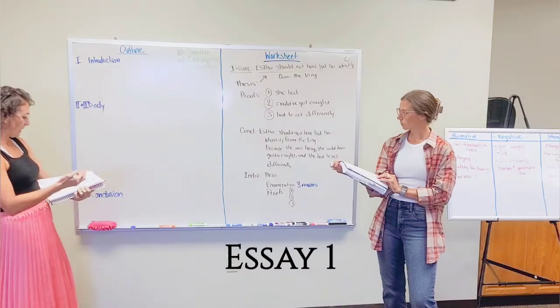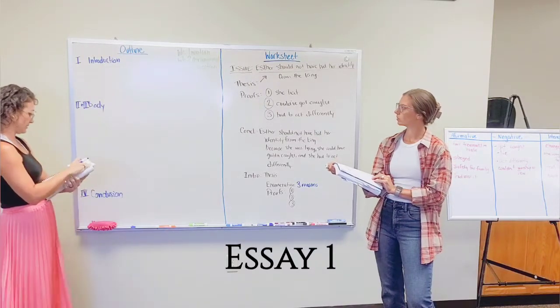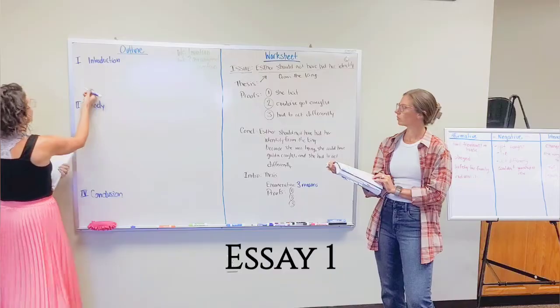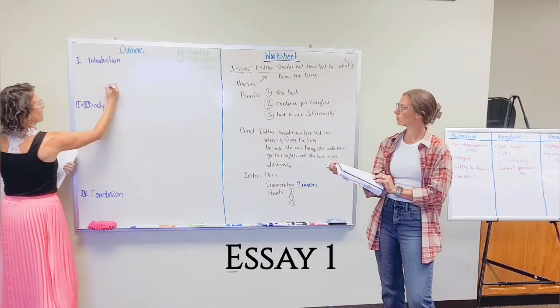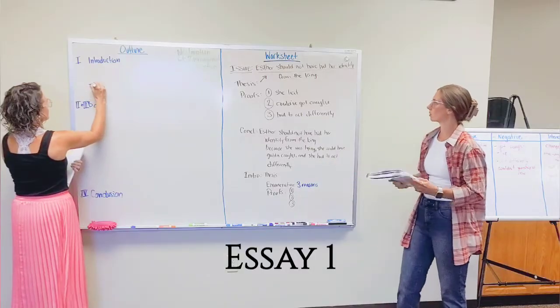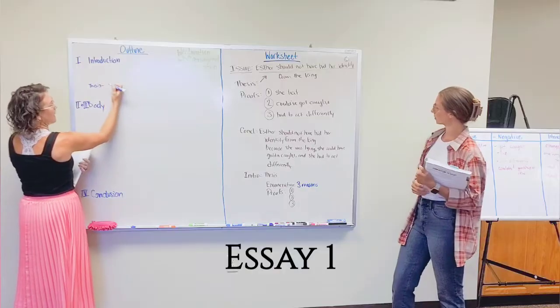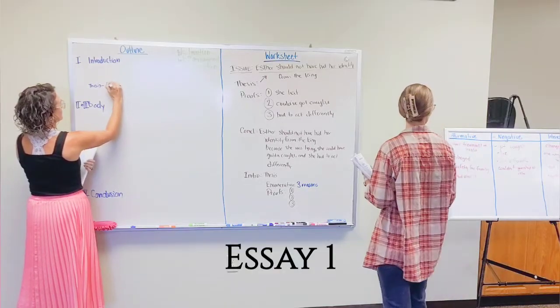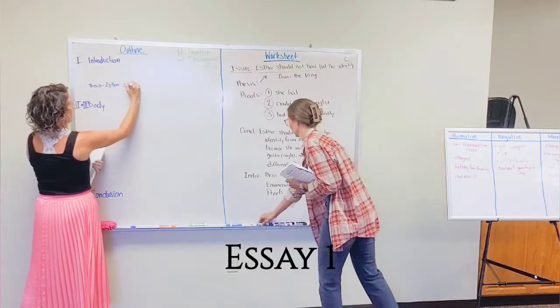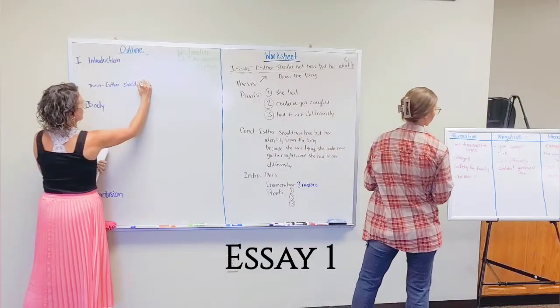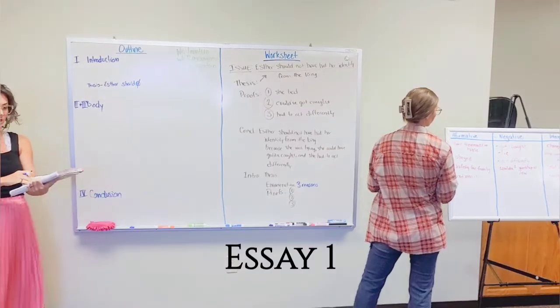Yeah. Okay, so we've got our thesis. I've got to write small to fit this in, which is Esther should not, and I'm just going to do shorthand here, okay?